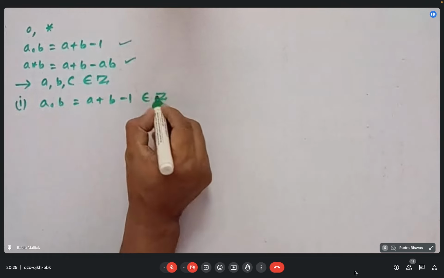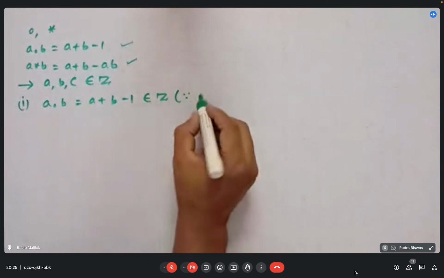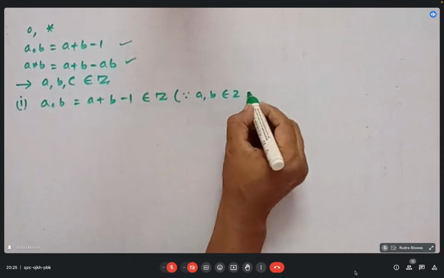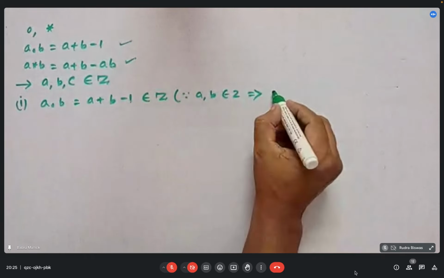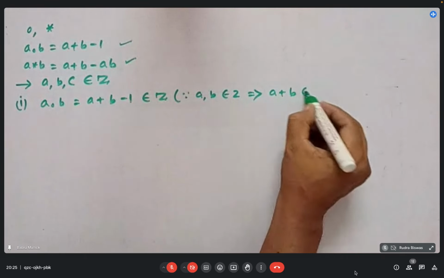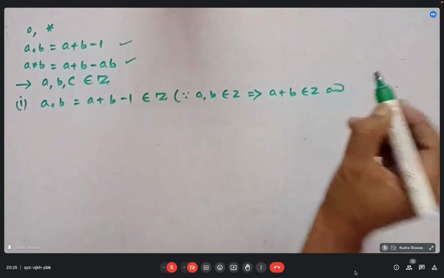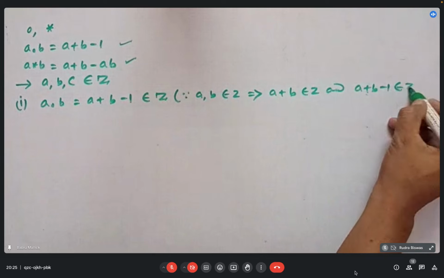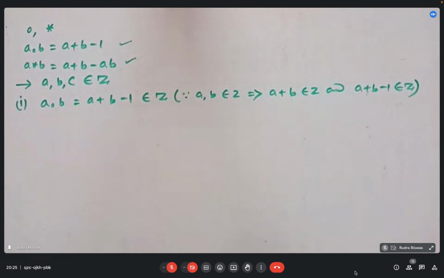This belongs to Z, since A, B belongs to Z implies A plus B belongs to Z, and A plus B minus 1 also belongs to Z.